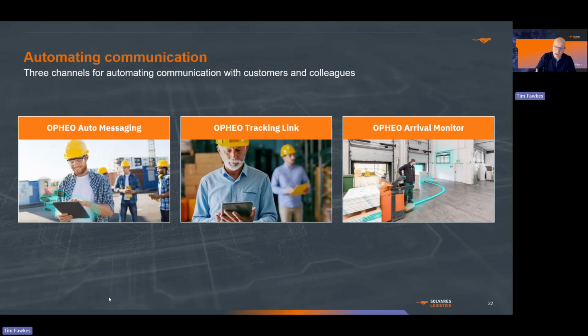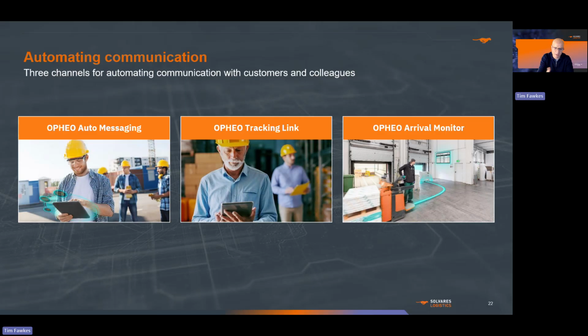In terms of the communication elements, we have touched on these a little bit, but this maybe brings it into a bit more life. So we have our auto messaging where we can configure the system to send ETAs, notifications to the customer. Particularly handy if you're delivering to teams that are not necessarily located in the same place, like a building site, for example, or a farm.